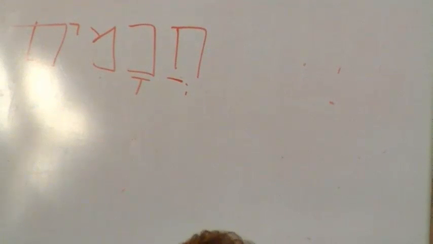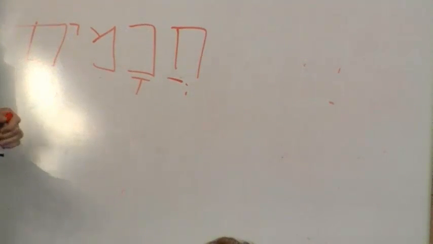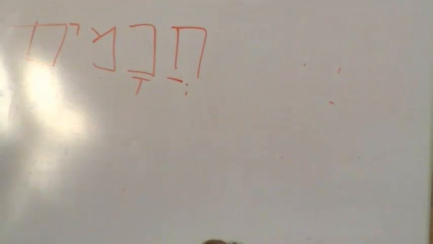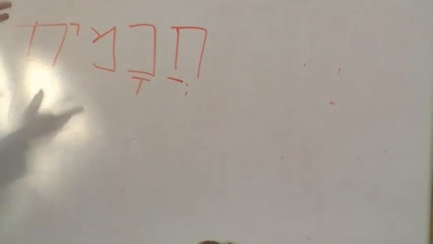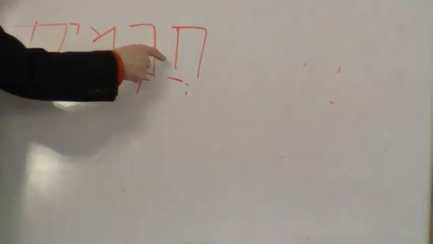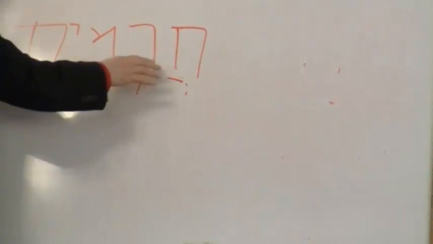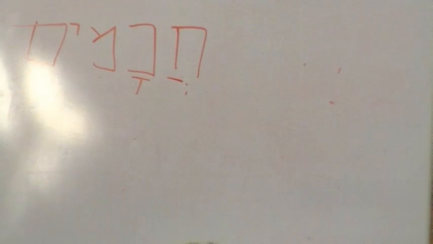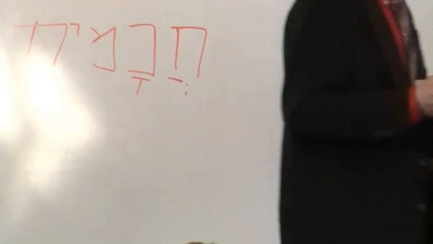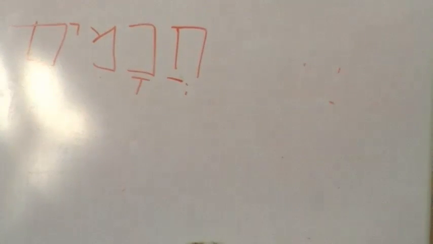Think of the hatef vowels, the hatef pathak, the hatef segol, and the hatef comets, as just a special form of shawah. They're basically shawah, except where you can't put a shawah. So the gutturals and resh, no shawah. So in a situation where you would expect a shawah, it becomes hatef pathak, or in certain situations it becomes a hatef segol and so on as well. But usually it becomes a hatef pathak.